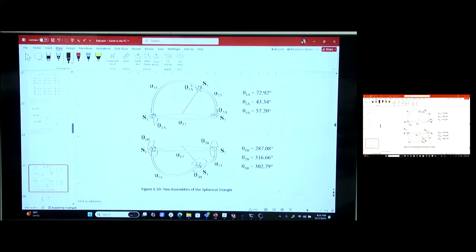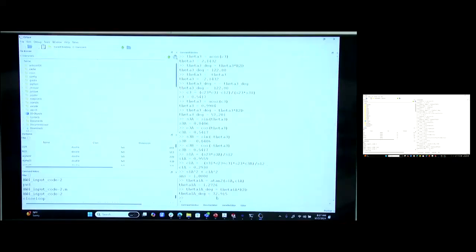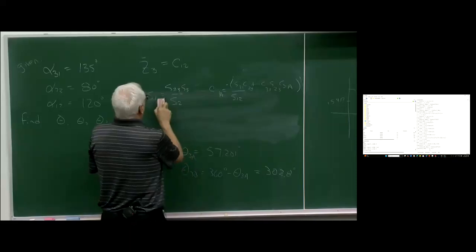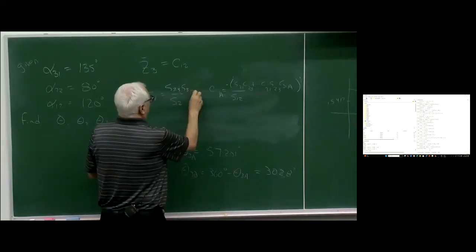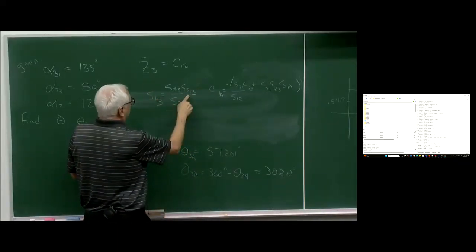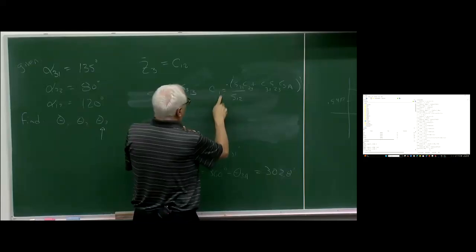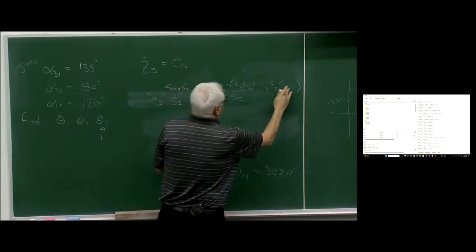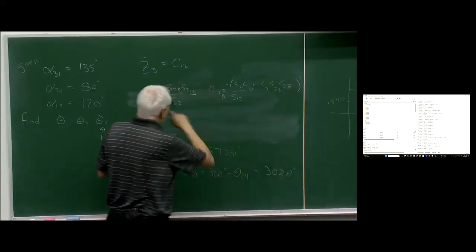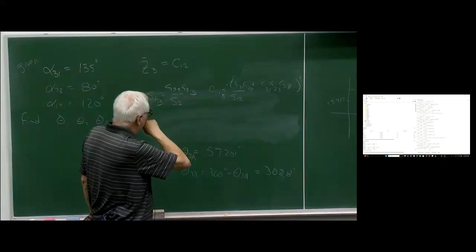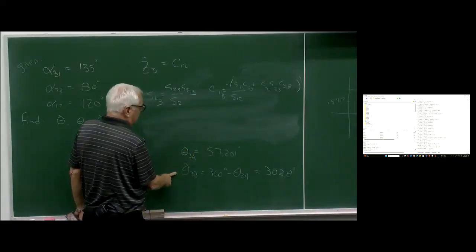Let's go ahead and do the B case while we've got it there. For the B case, I'm going to take the same x2, y2 equations, and then for the B case, the sine and cosine of theta 1. And then I look at it and say, here's theta A and here's theta 3A.